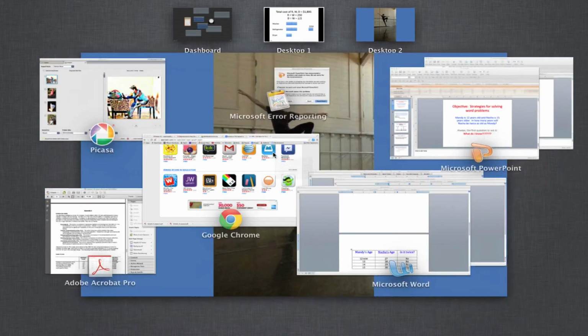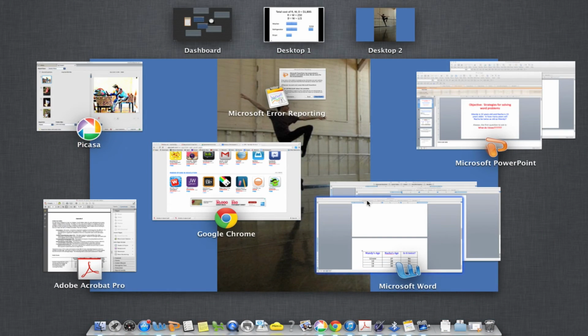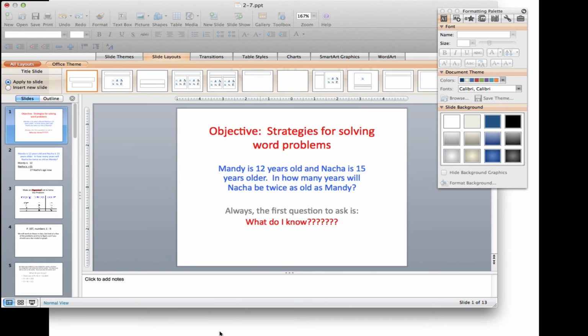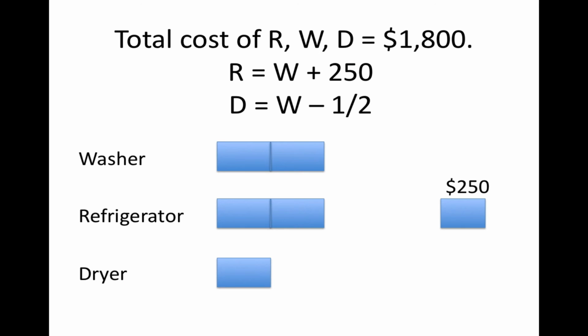If we take, whoops, what happened there? Oh, goodness. Hold on, everybody. Oh, what did I do? Oh, there we go. If we take this $250 off, we're going to have 5 boxes that are the same. And that's going to help us to solve this problem.